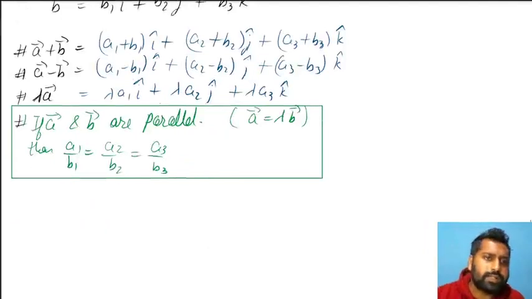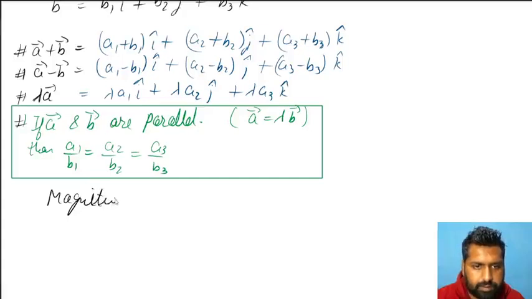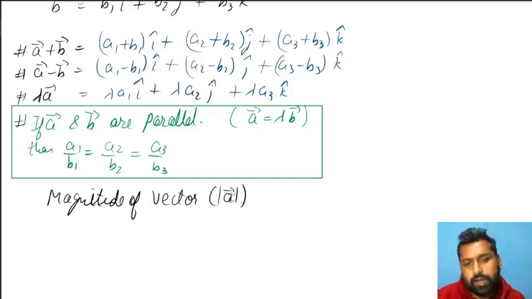Then let's talk about magnitude of a vector. It will be represented by mod of a. Here mod represents magnitude of the vector. How can we calculate the magnitude?